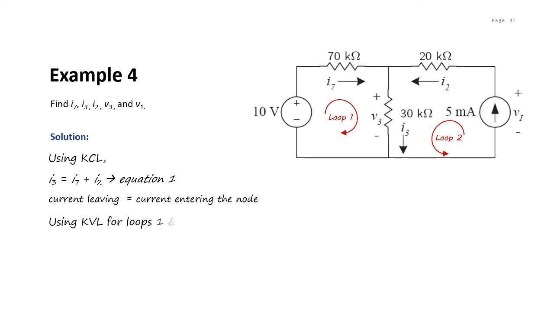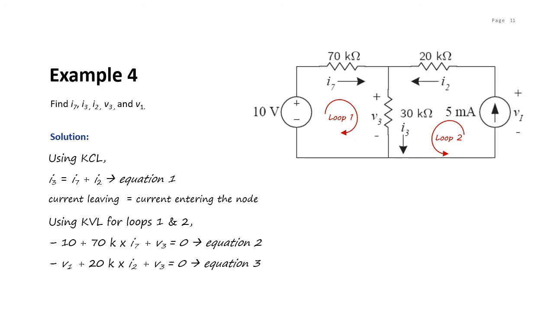Then we do KVL for loop 1 and loop 2, where we get minus 10 plus 7k multiplied with I7 plus V3 equals 0 for loop 1. This will become our equation 2. Then we have minus V1 plus 20k multiplied with I2 plus V3 equals 0, and this will be our equation 3.